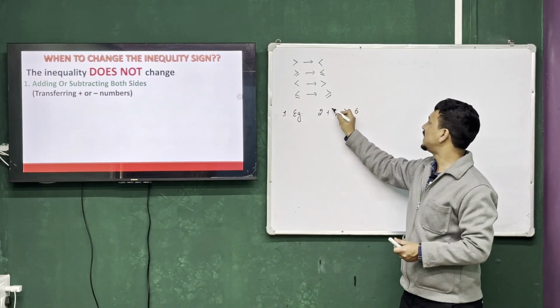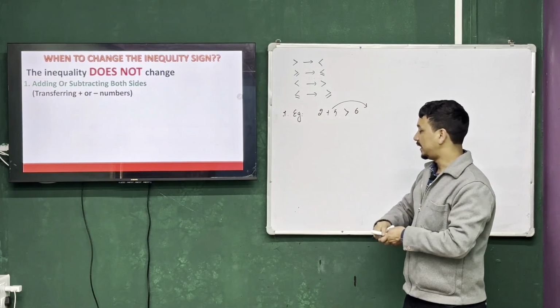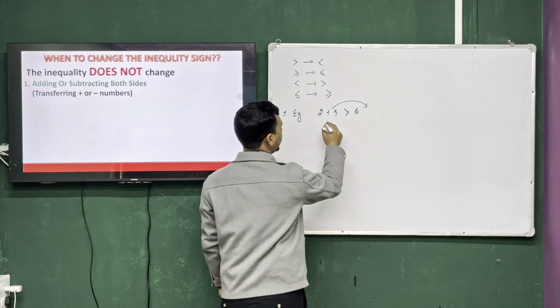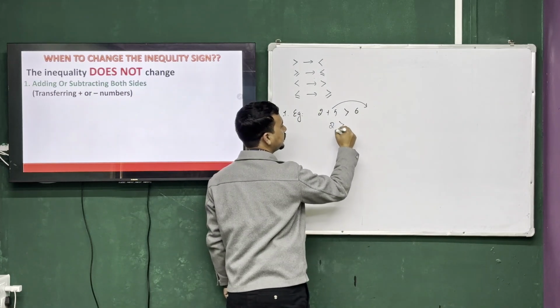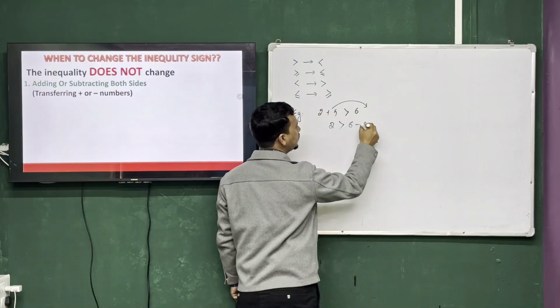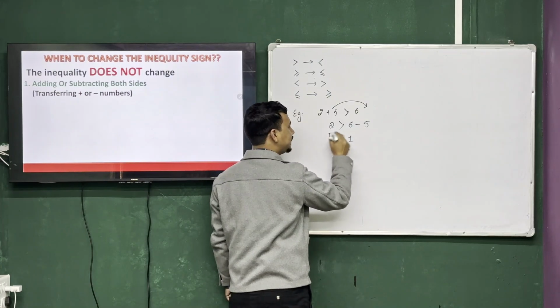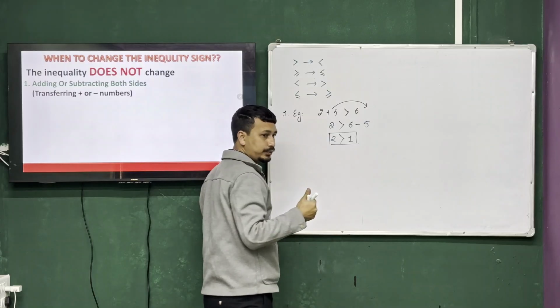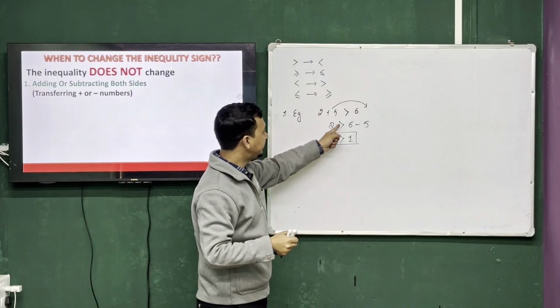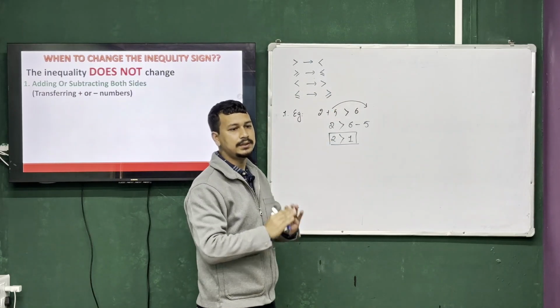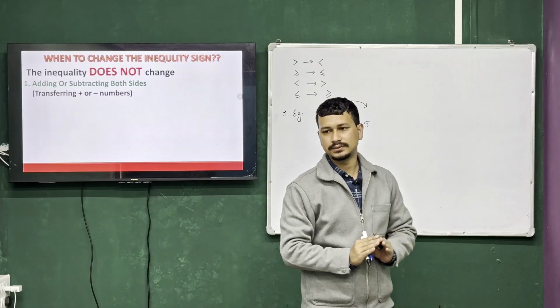Now, if I transfer plus 5 to this side, then what do I get? Yes, 2 is greater than 6 minus 5, which is 1. Is this still true? Yes. So that means even if we don't change the inequality, it's correct.